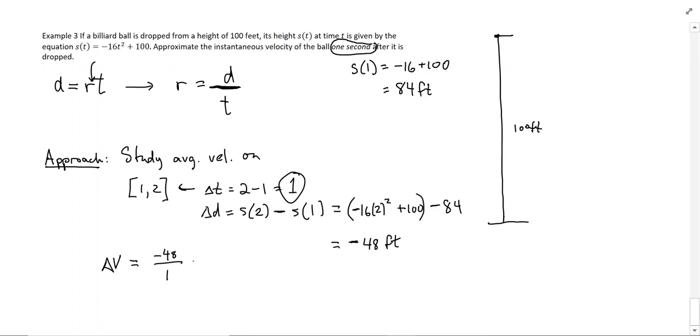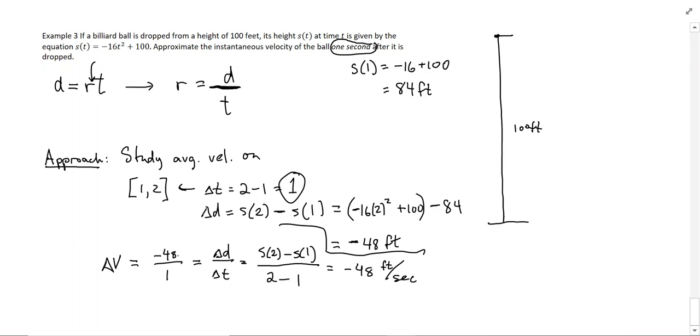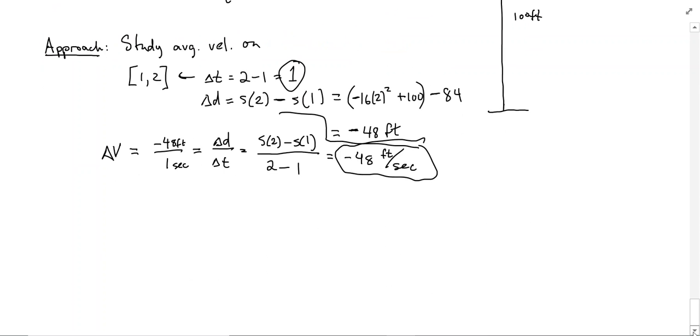If we wanted to expand this a little bit, this is like a delta d over delta t, and that was s of 2 minus s of 1, divided by 2 minus 1. We calculated that to be negative 48. The units now are feet per second, because we've divided 48 feet by 1 second. So that's an approximation of the instantaneous velocity by looking at the average velocity.